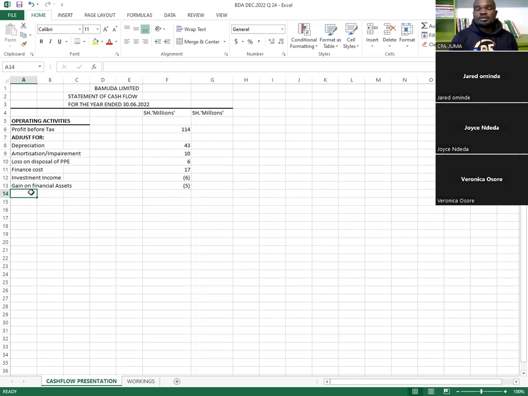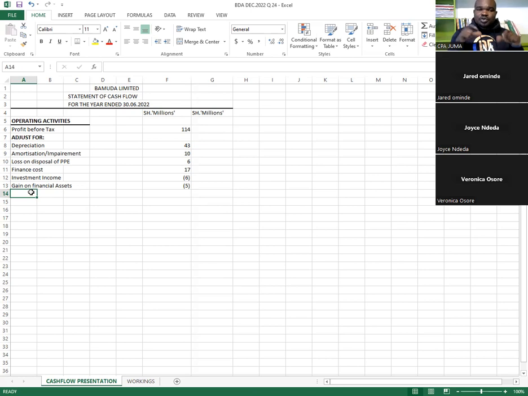That is how we do adjustments, students. Profit before tax, depreciation immediately. Whoever thinks of depreciation must think of amortization and impairment. After that, check whether we gained or we lost on disposal of an asset. Once you're done with that, go back to the P&L. Profit before tax, then go backwards.